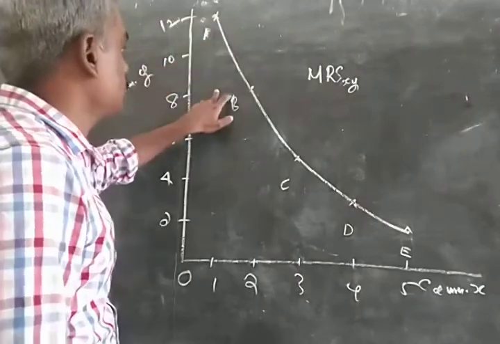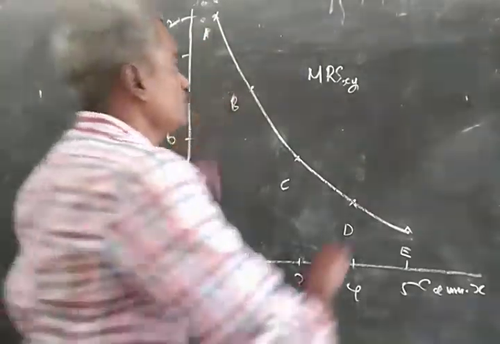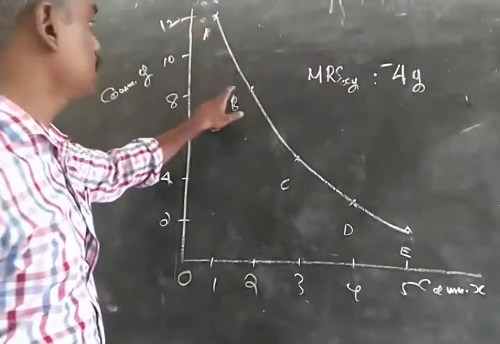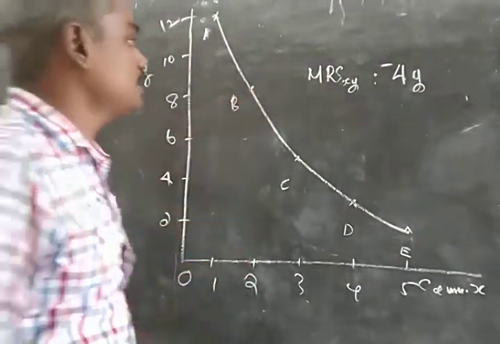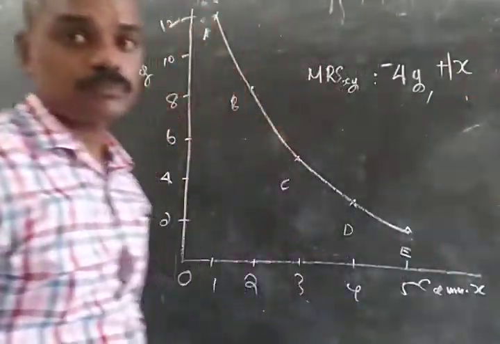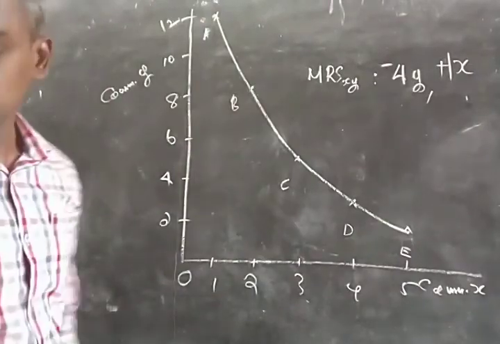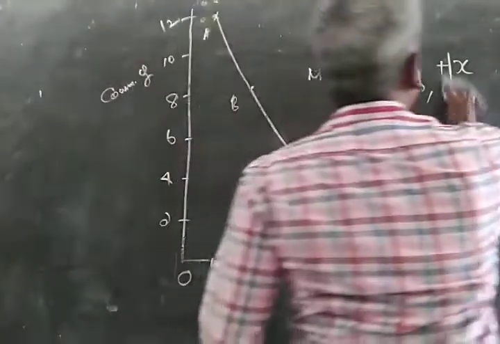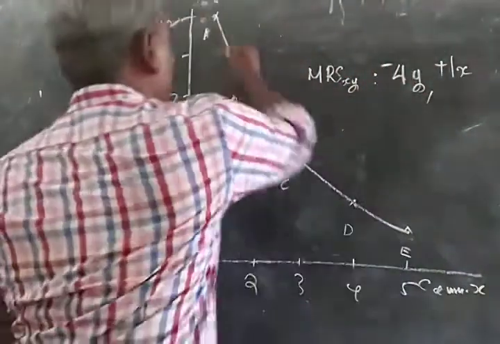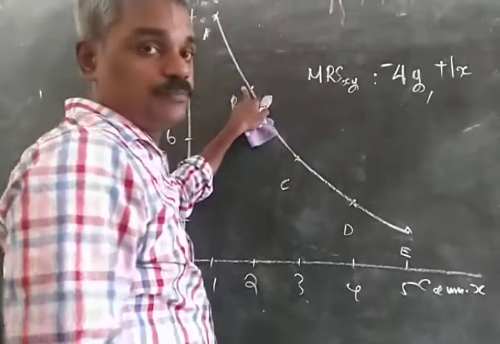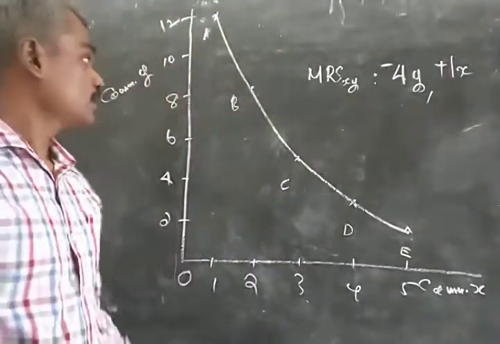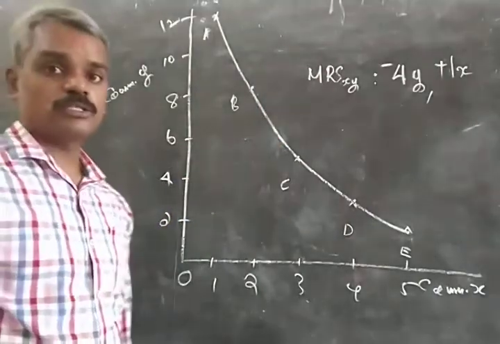He is giving up 4 units of y and is getting 1 additional unit of x at point A. As he moves from point A to B, he gives up 4 units of y and adds 1 unit of x to his consumption.